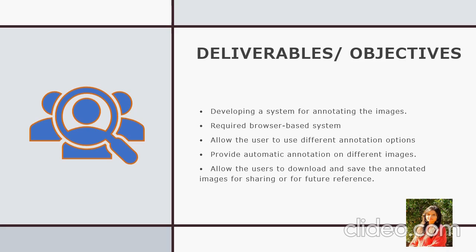The image annotation tool allows the users to use different annotation options to do masking on images. And it also allows the users to provide automatic annotation from one image to another. And finally, the system must also allow the users to download and save the annotated images for sharing or for future reference.